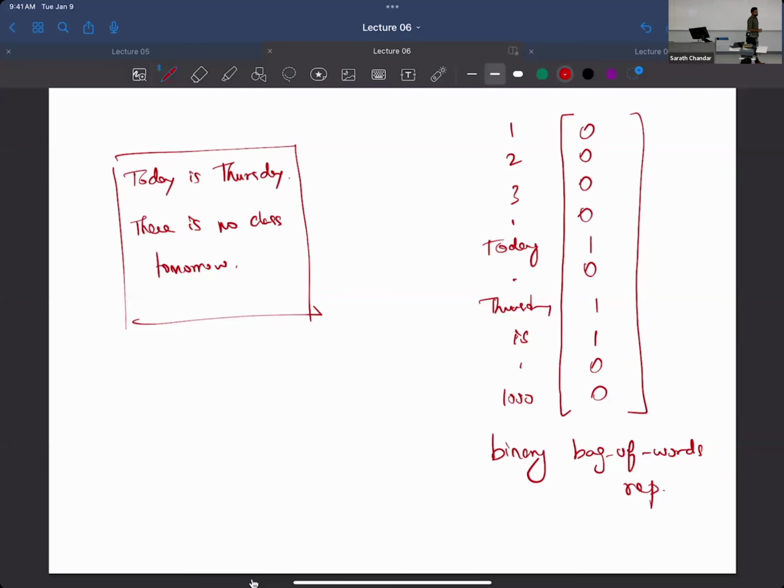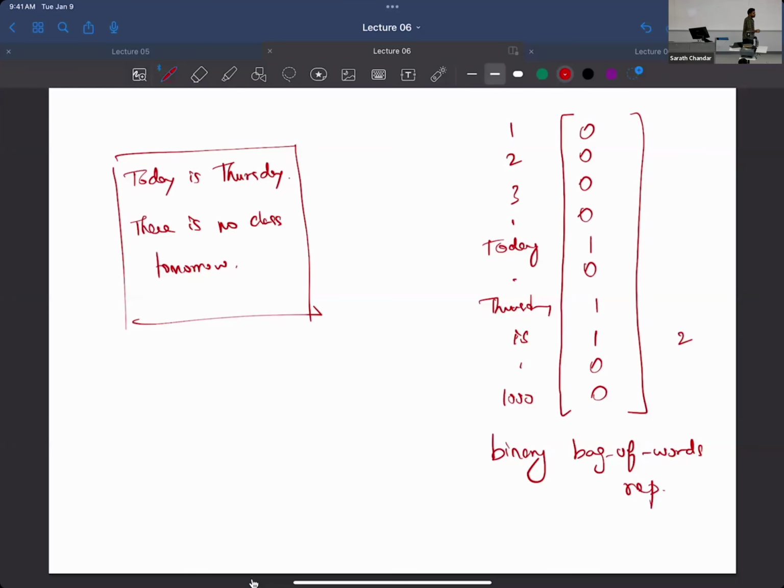Is it clear? So now the advantage of this representation is I can give you different documents with different lengths, and for the classification model, the input is always 1,000. There is a fixed number of features, 1,000. Now there was a second suggestion, which is instead of using binary bag of words, you could also use frequency-based bag of words, where instead of putting 1, for is I'll put 2 because is appeared twice.